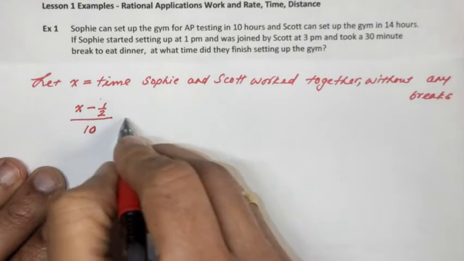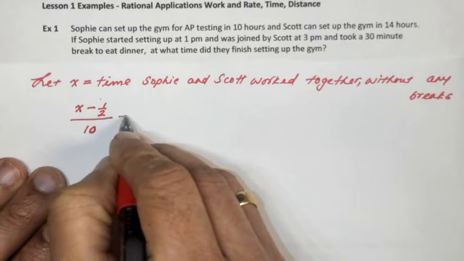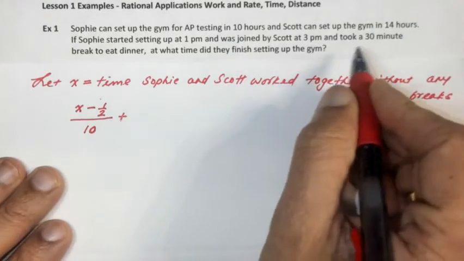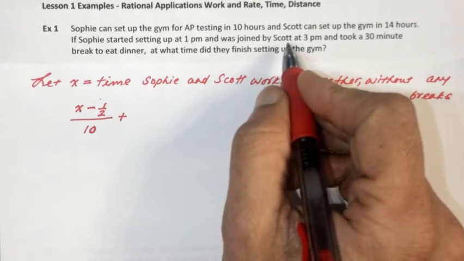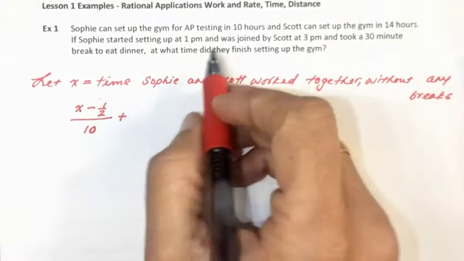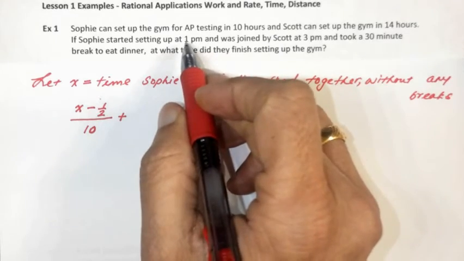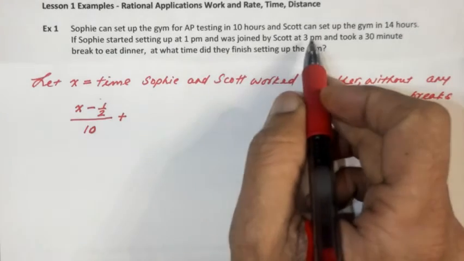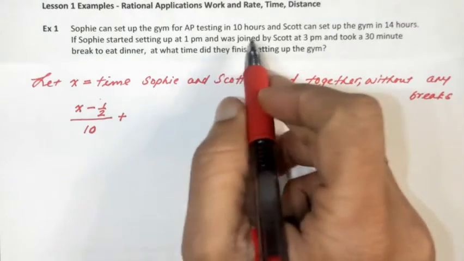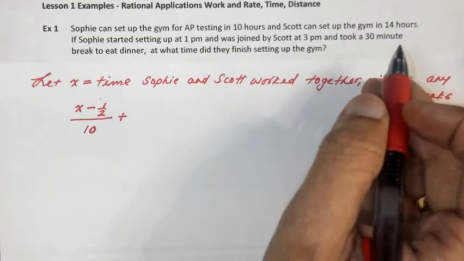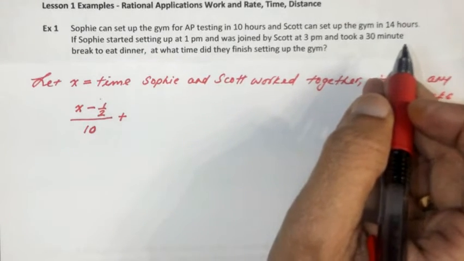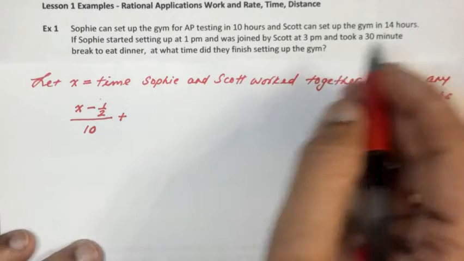Then plus, we also know Scott took a 30-minute break, but he did not join the job until 3 p.m. Sophie started at 1 p.m. and Scott joined at 3 p.m., so he already took a 2 hour break plus that 30 minutes, two and a half hours altogether, 2.5 or 5 over 2.